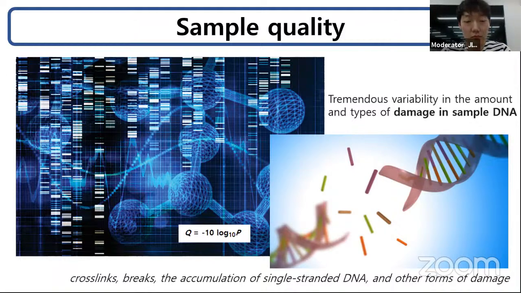There can be tremendous variability in the amount and types of damage in sample DNA, such as inter- and intra-strand crosslinks, breaks, accumulation of single-stranded DNA, and other forms of DNA damage. And the variable amount and types of damage can negatively affect the final result.